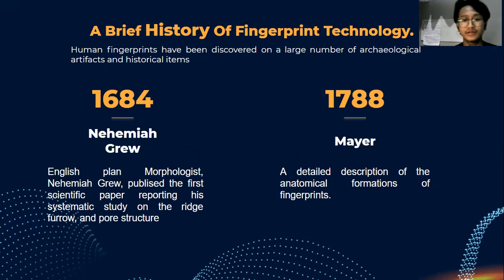Okay, next is a brief history of fingerprint technology. Human fingerprints have been discovered on a large number of archaeological artifacts and historical items. In 1684, Nehemiah Grew, English plant morphologist, published the first scientific paper reporting his systematic study on the ridge, furrow, and pore structure.